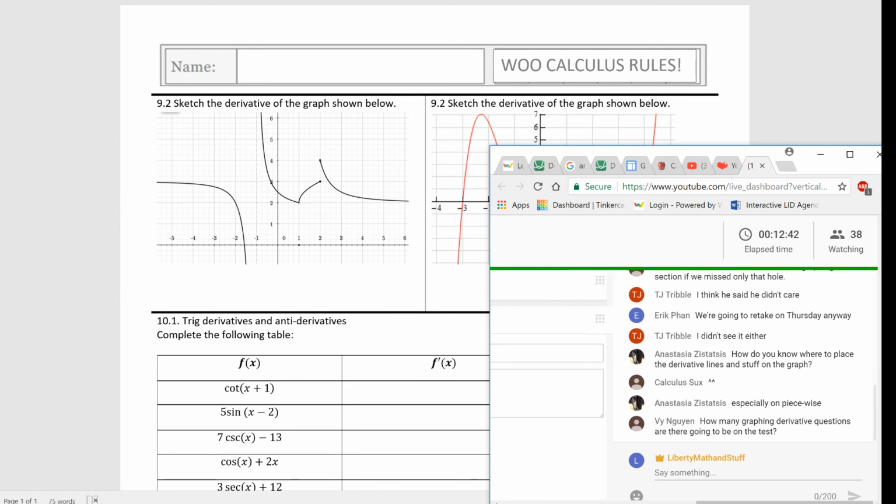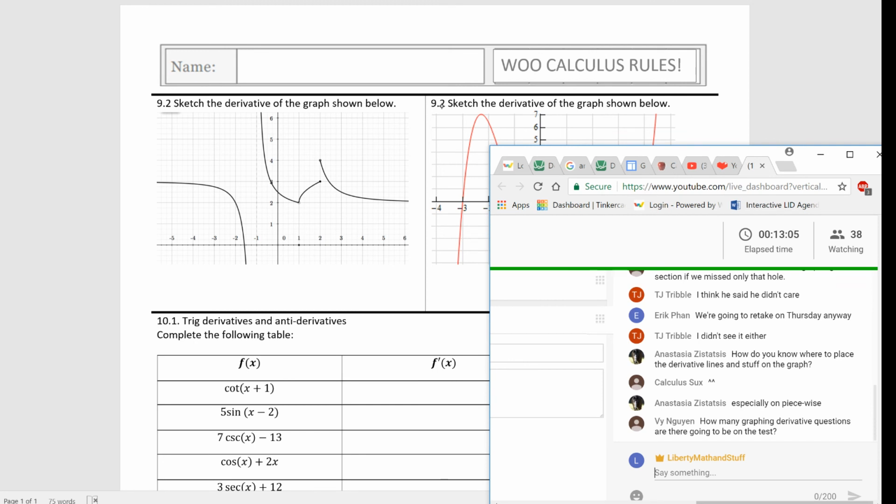How do you know where to place the derivative lines and stuff on the graph? By looking at the slope of the graph. So like specifically for the piecewise ones, I'm estimating in the like 9.2 the first set. Oh, these were both 9.2. That was sloppy. How many graphing derivatives? Probably one.